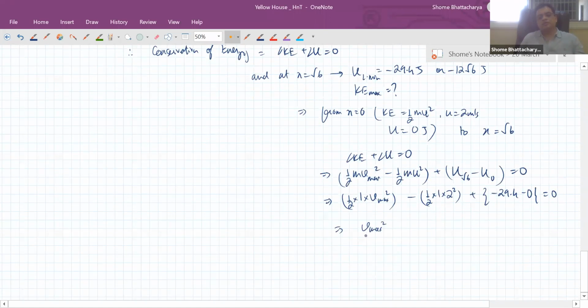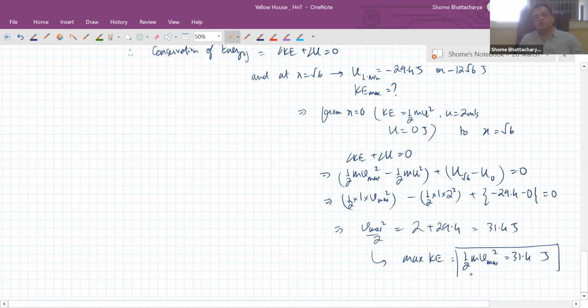So V max square by 2 is equal to, this will become 2, and on that side this will become 29.4. So 31.4 joules. So this is your maximum kinetic energy. Maximum kinetic energy, that will be 31.4 joules.